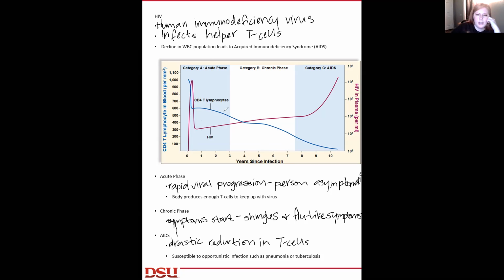And then those T cells begin to decline. And as they decline, we hit the chronic phase where, again, we get the flu-like symptoms, shingles, things like that. And then finally, as the T cell count drops hugely, we end up with AIDS.